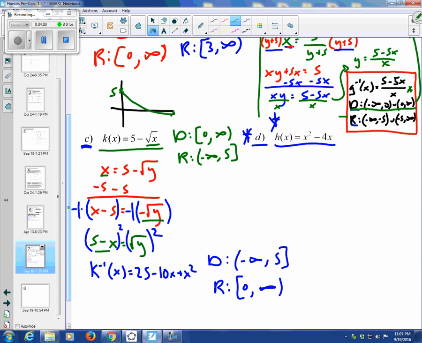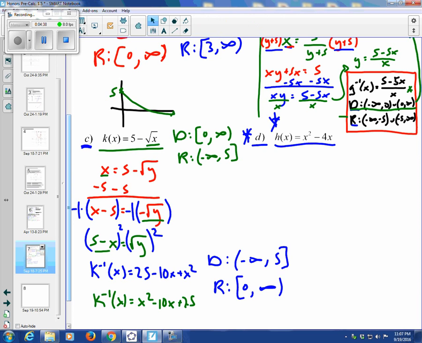And then I square both sides to get rid of the square root, and that's going to give me my inverse as the square of 5 minus x, and that is 25 minus 10x plus x squared, which we can also write as x squared minus 10x plus 25.